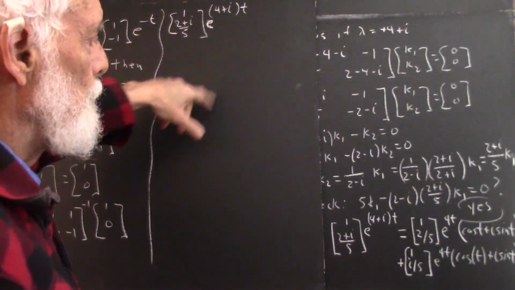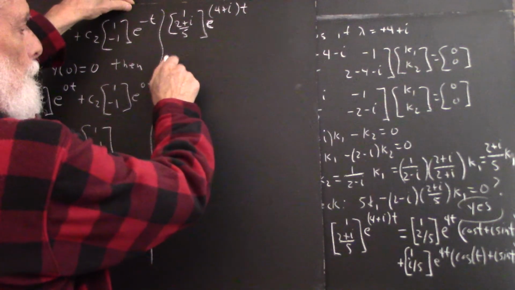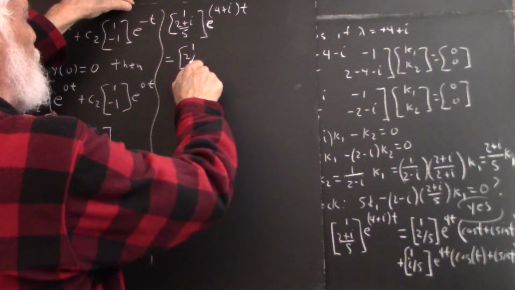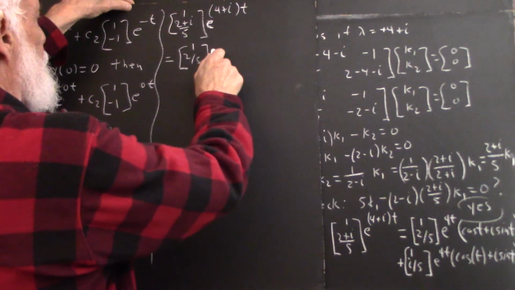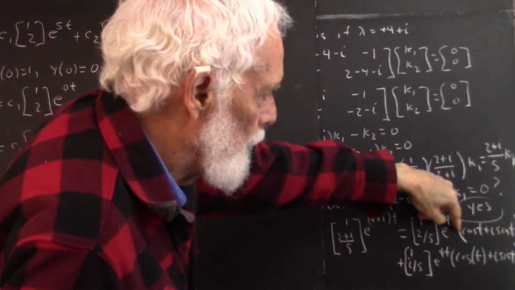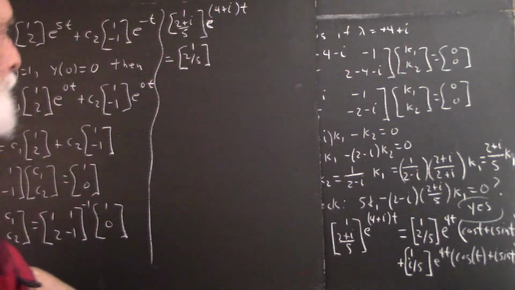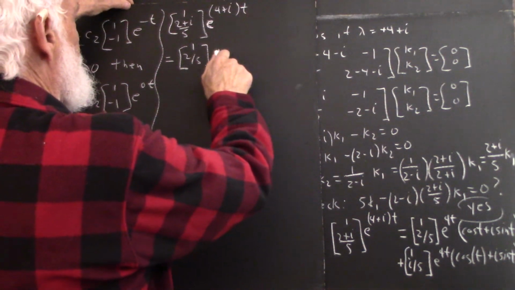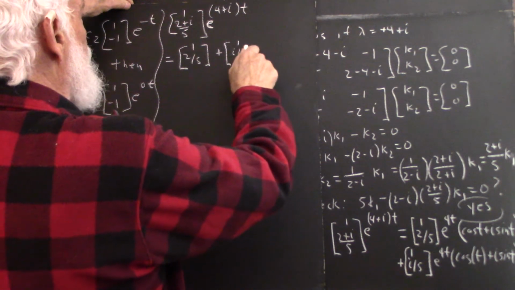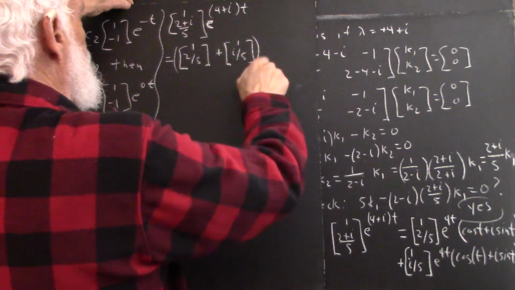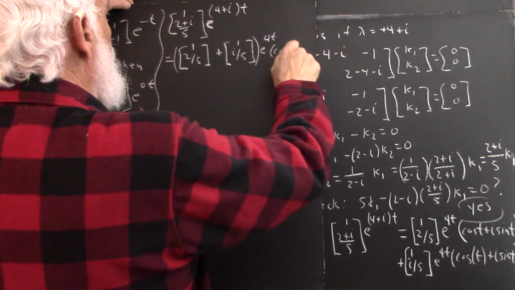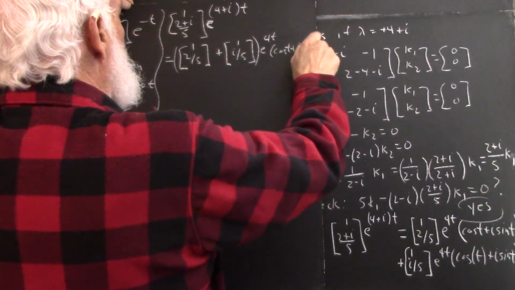Okay, this equals 1 2/5 e to the 4t times cosine t plus i sine t plus 1 i over 5 times e to the 4t times cosine t plus i sine t.